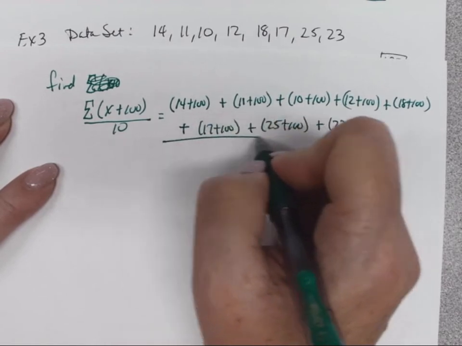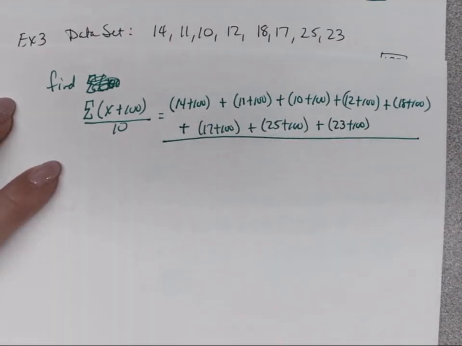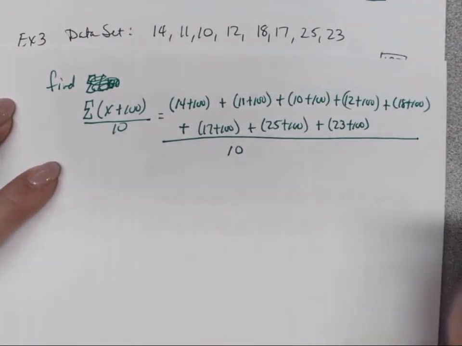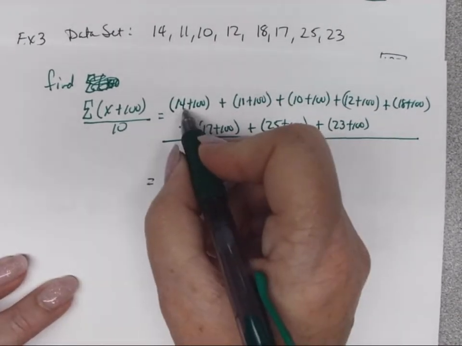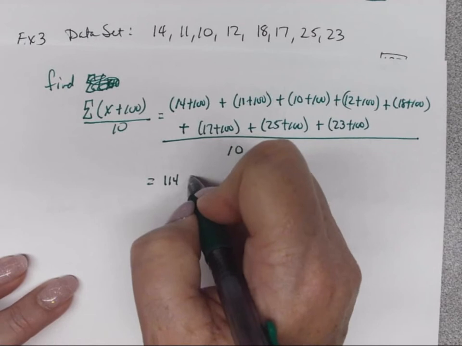And that whole thing, not each individual term, but the whole summation of those is divided by 10. So 14 plus 100 is 114.